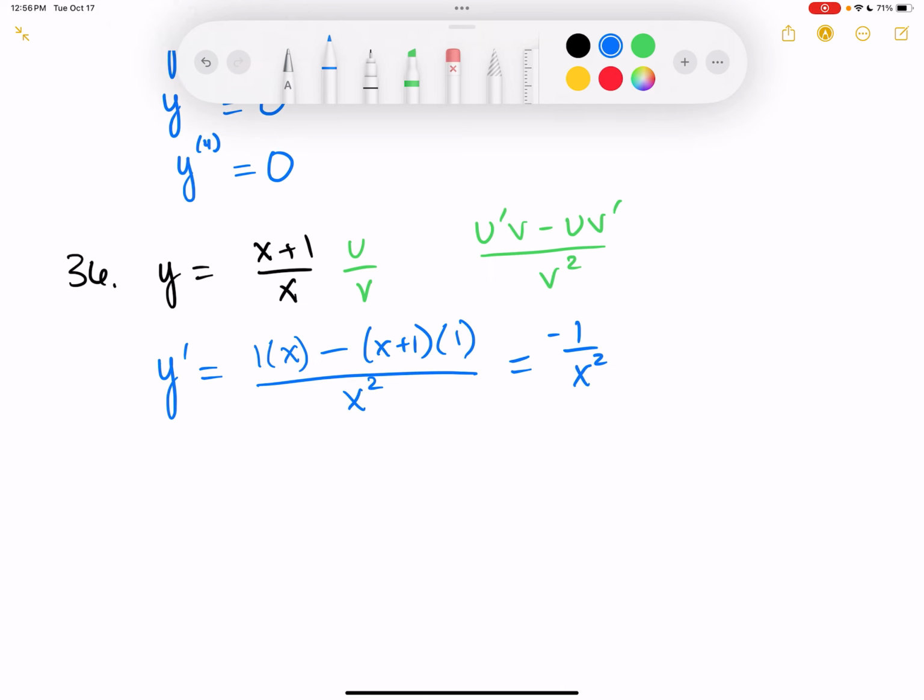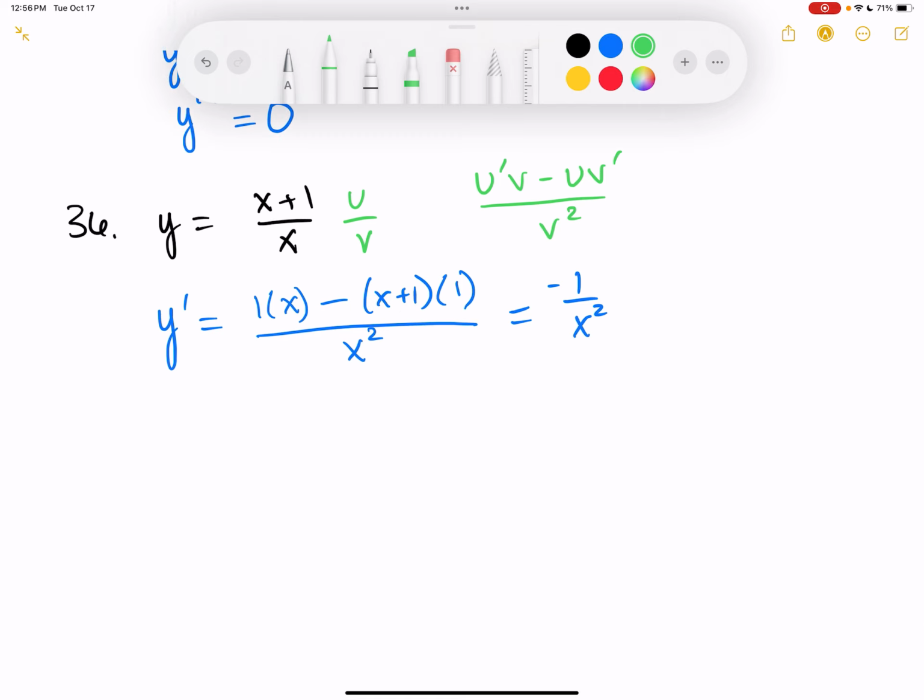Now, I'm going to pause really quick. A lot of people, rather than doing a quotient rule here, will rewrite this as negative x to the negative 2 and then just take that derivative, and that's fine. So you could do the quotient rule, or you could do it that way.